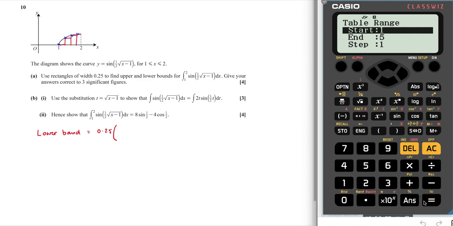I want the table to start at 1, end at 2, and go up in steps of 0.25. So it's going to look like that.